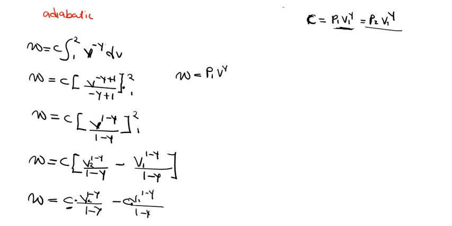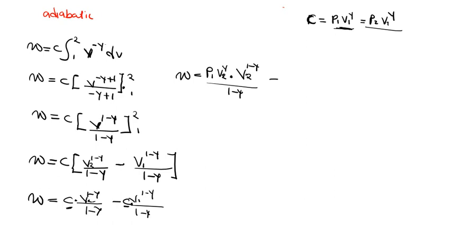gamma, then times V, wait, this is for V2 because I have V2 there, so V2 to the 1 minus gamma over 1 minus gamma, then minus this C that I have here.